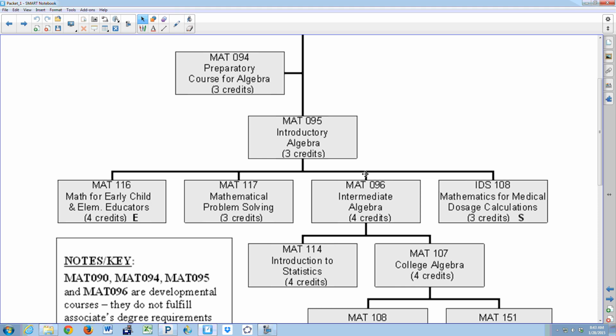Some of you might be interested, for example, in the RAD Tech program at Springfield Technical Community College. They require Math 107. So if you're just a straight liberal arts student, like a political science major, you don't really need college level algebra.